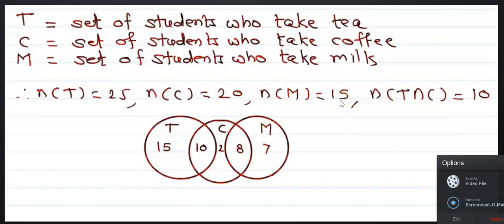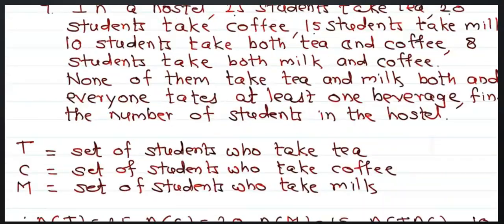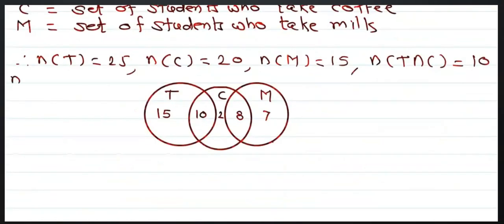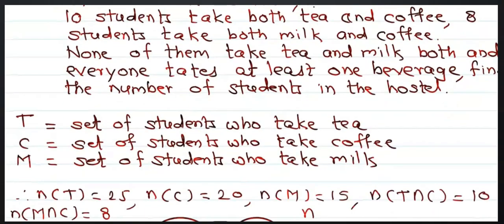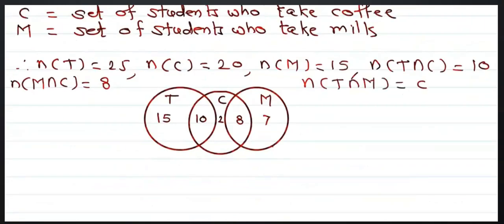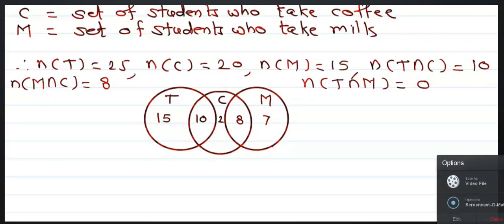Now next, those who take tea and coffee both, there are 10, it is written here. Those who take coffee and milk, they are 8. Therefore, n of (M intersection C) is equal to 8. n of (T intersection M) is equal to 0. T intersection M, both of them do not have anything in common.